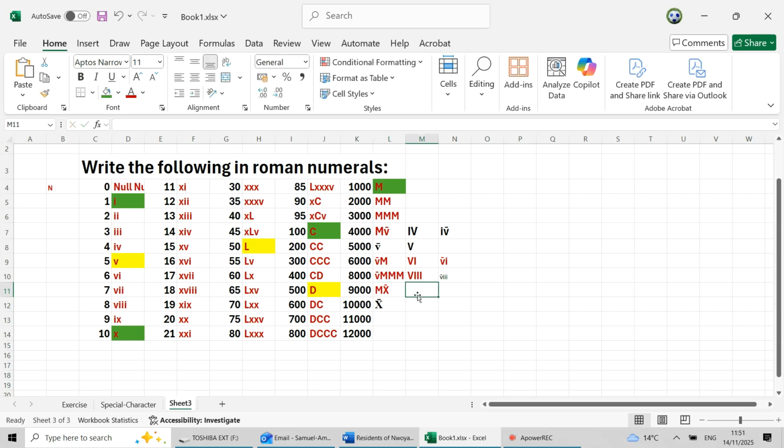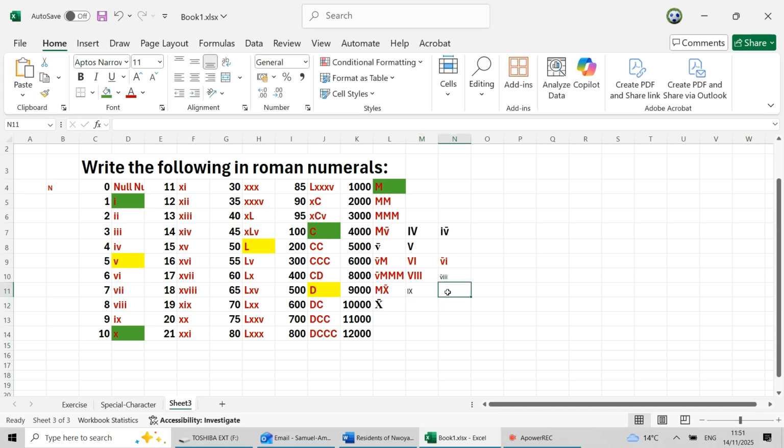But there's another way of writing it. You can write like you're writing 9, but capital I and then capital X, also to symbolize the same thing.